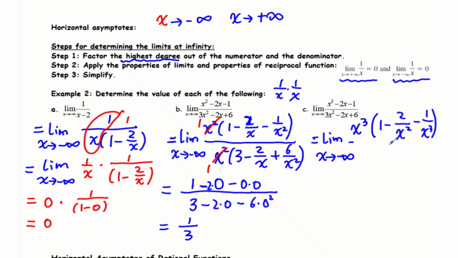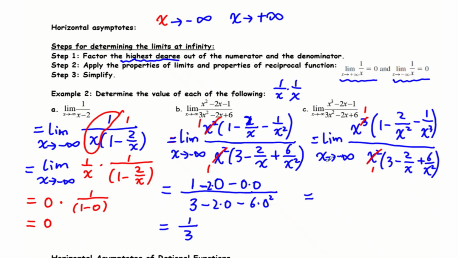Then the denominator is x squared, so 3 minus 2 over x plus 6 over x squared. The x cubed and x squared cancel out, leaving x.